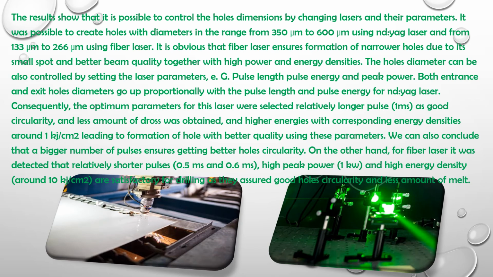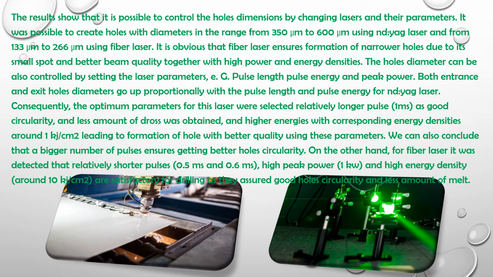The hole diameter can also be controlled by setting the laser parameters, for example pulse length, energy and peak power. Both entrance and exit hole diameters go up proportionally with the pulse length and pulse energy.